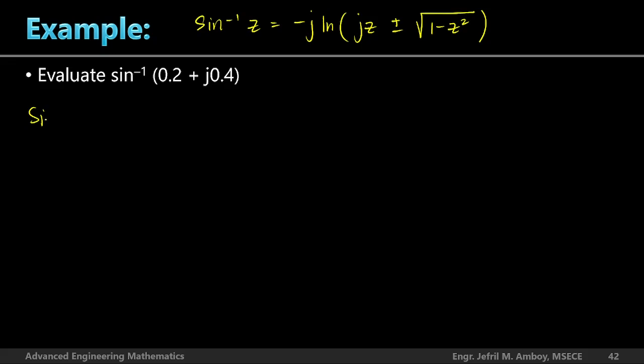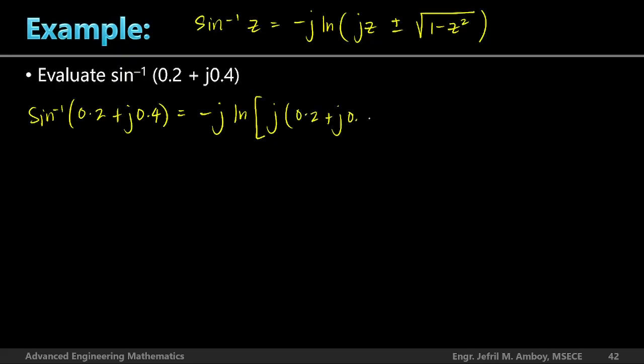So, the sine inverse of 0.2 plus j0.4 is equal to negative j times the ln of j times the complex number z. Kopyahin ko lang yung 0.2 plus j0.4 and then plus minus the square root of 1 minus z squared.